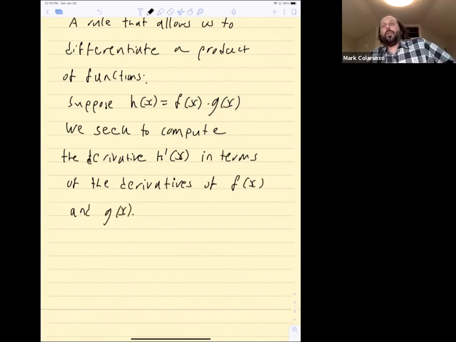Okay, so like I was saying in the other live meeting, once we get beyond the initial derivative rules, the other derivative rules like the product rule, and in a moment we'll do the quotient rule, are far less intuitive than the sum rule and the constant multiple rule.